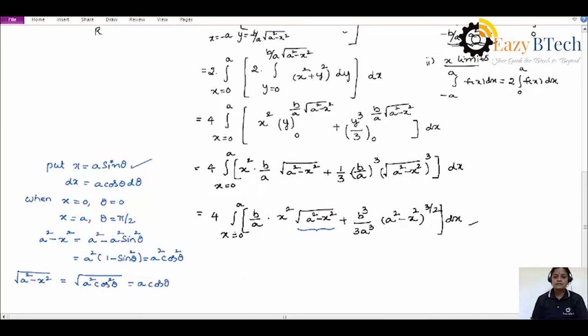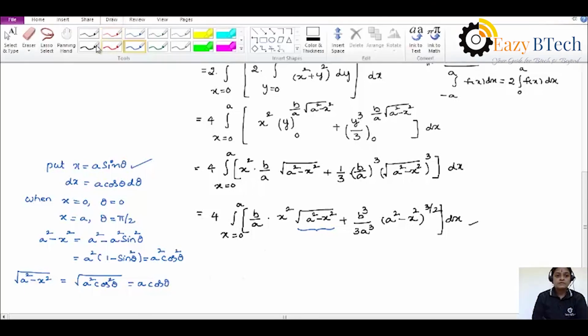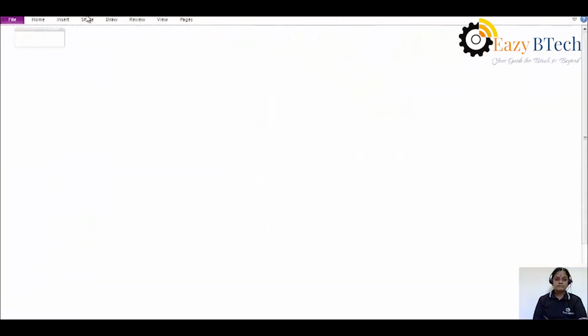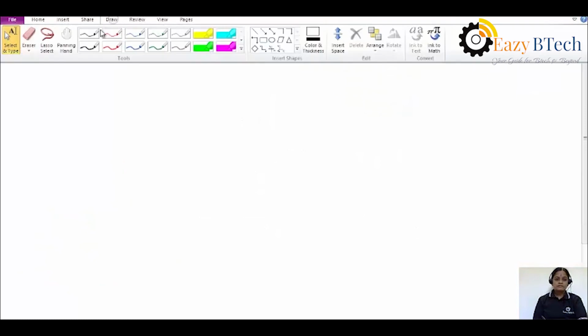Okay, students, now I am substituting the values here. Now 4 into integral theta is equal to 0 to pi by 2, substituting the values. So b by a, x square is there here.